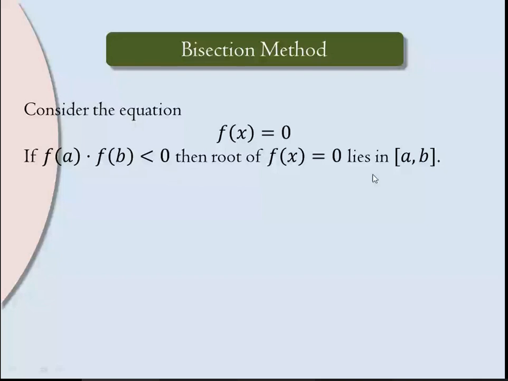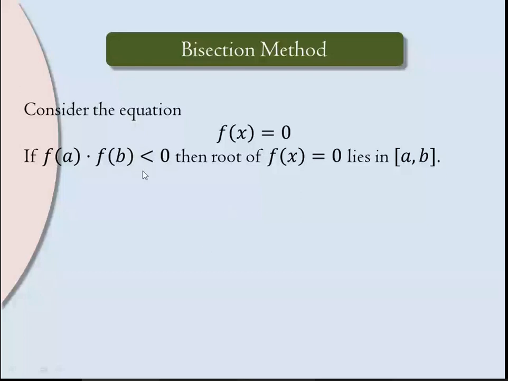Okay, why is it so? Because if the product of these two values is negative, then one point is above the x-axis and another point is below the x-axis, and if we join those points, the line will intersect the x-axis somewhere.